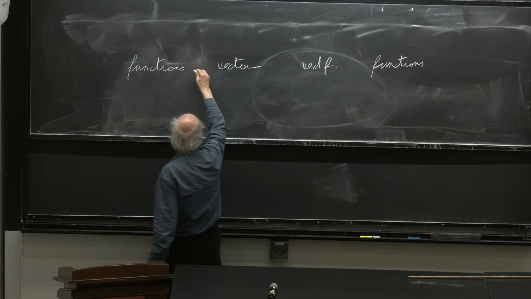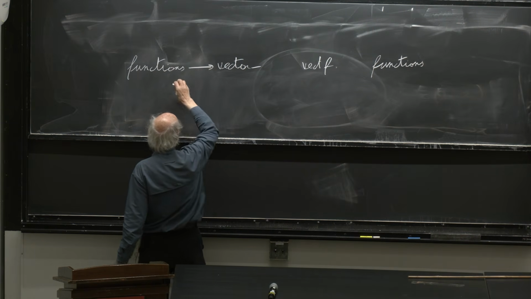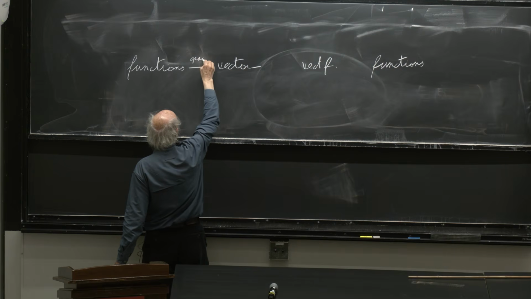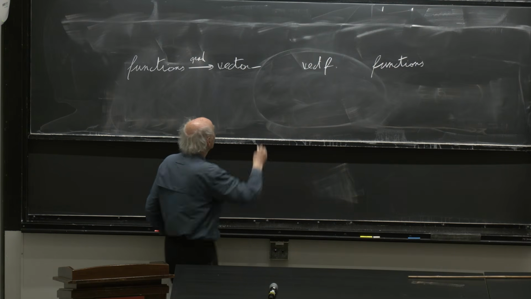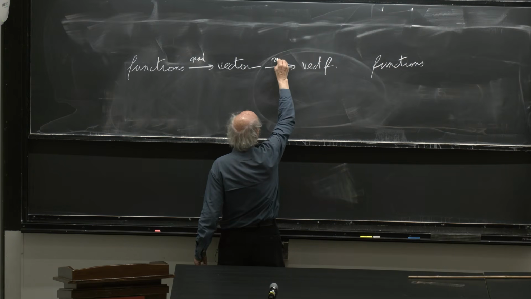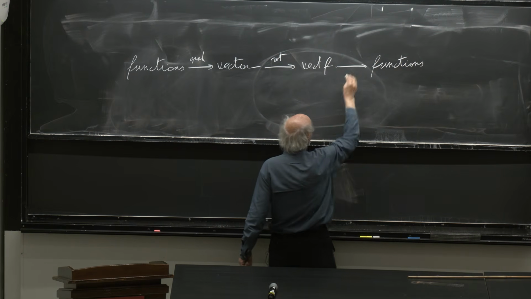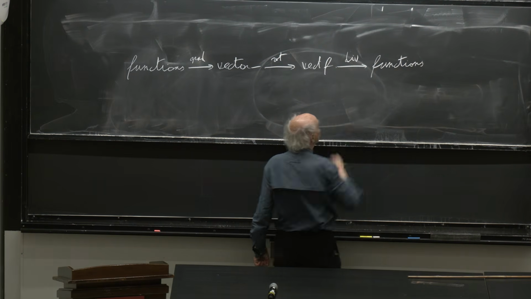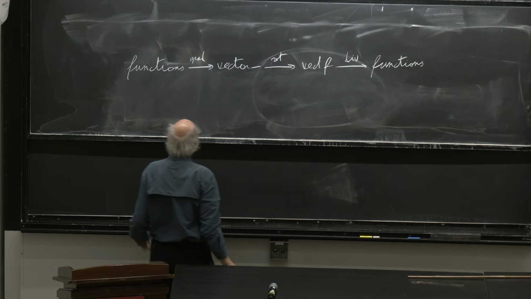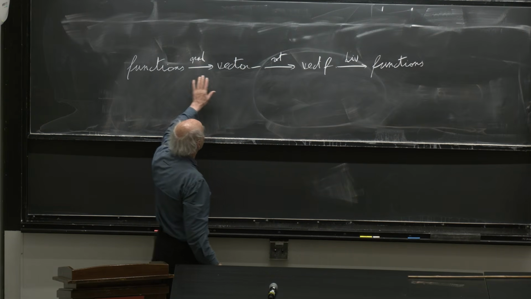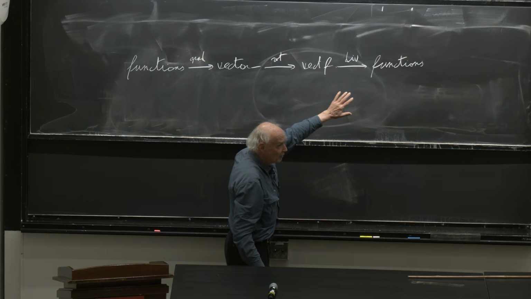And you have natural maps. To a function you can associate its gradient, to a vector field you attach its rotational, and to a vector field you can attach its divergence. And a basic property is that the composite of two such maps is zero.